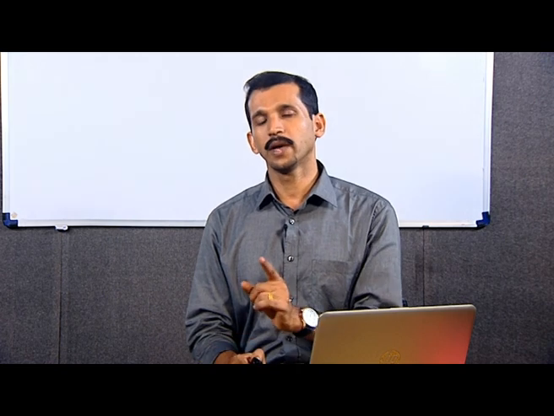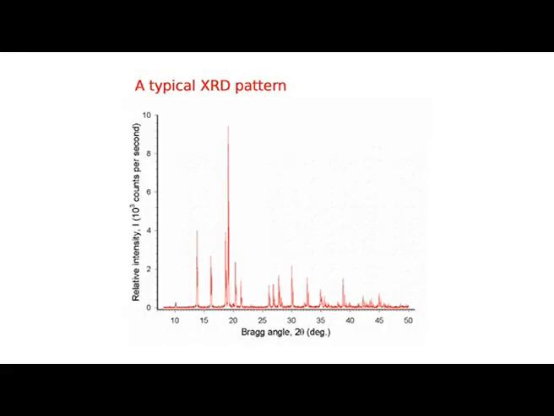Now, let us go back to the beginning point where we discussed a typical X-ray spectrum. Now, you will be able to understand what the x-axis means. So, x-axis is the Bragg angle which is 2 theta, n lambda is equal to 2d sin theta. So, that theta is coming over here as the Bragg angle.